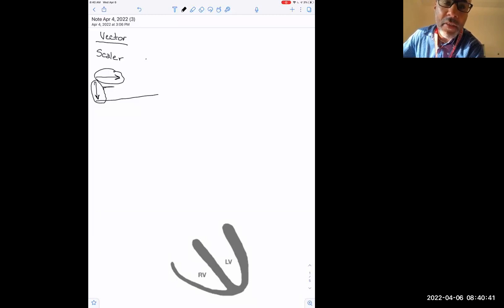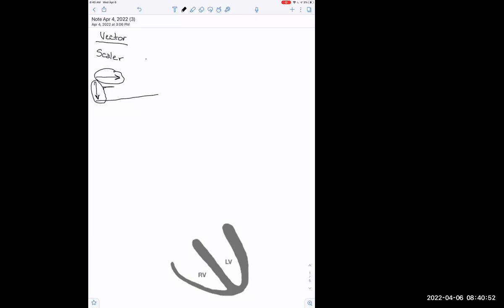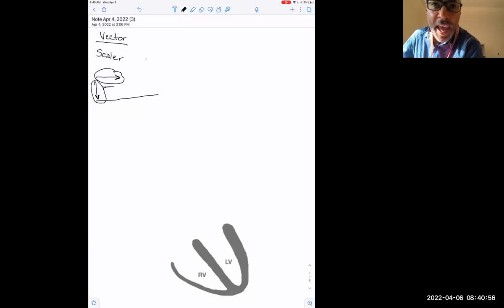Okay, and I don't want to get too far into the weeds, but what we end up doing is we'll use a method called the head to tail method to actually add these vectors up and then get an average. And that would give us a general direction that these vectors are moving in.